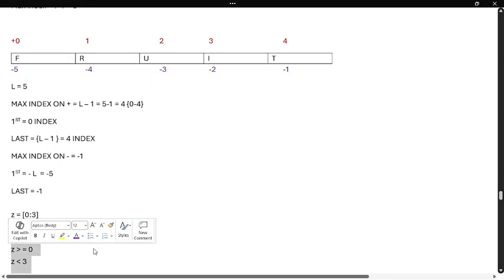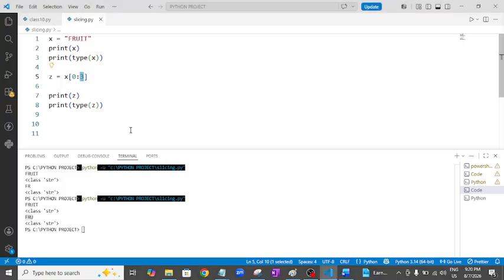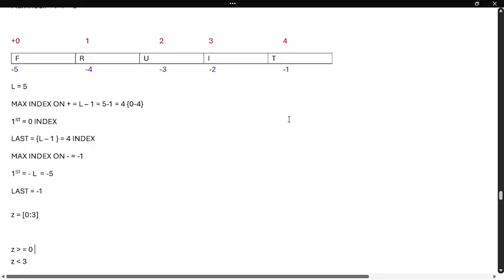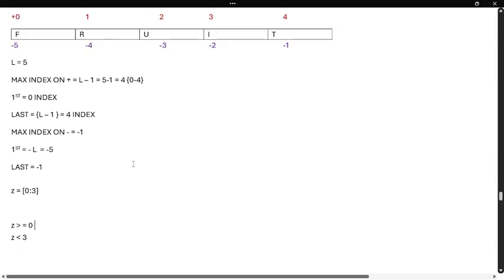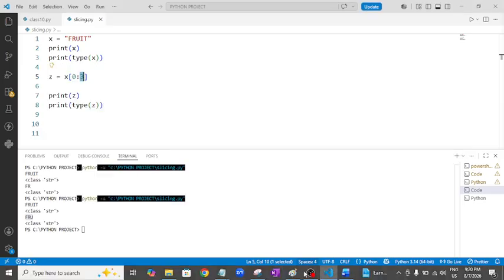Don't get confused. Just simply listen to what I am saying. When you do the indexing in this way, what is going to happen, sir?